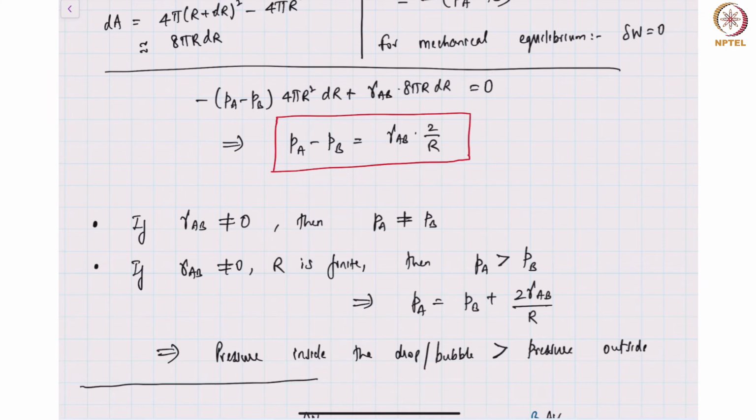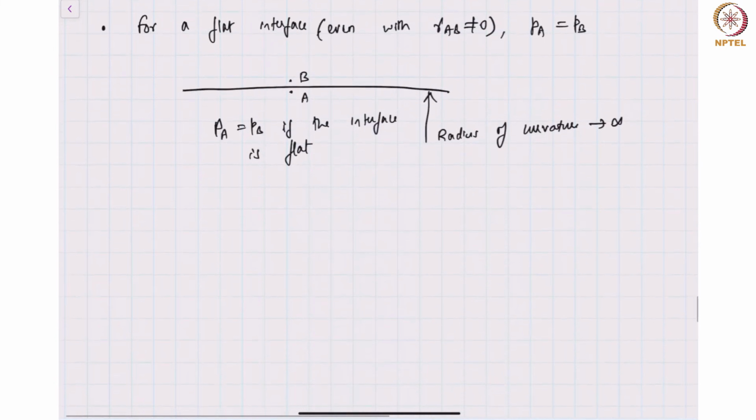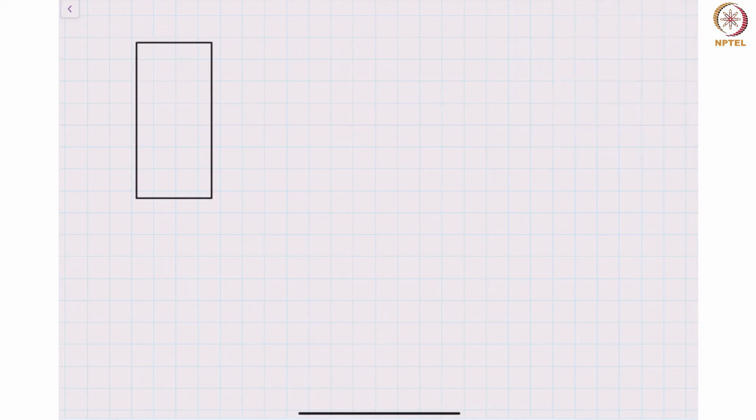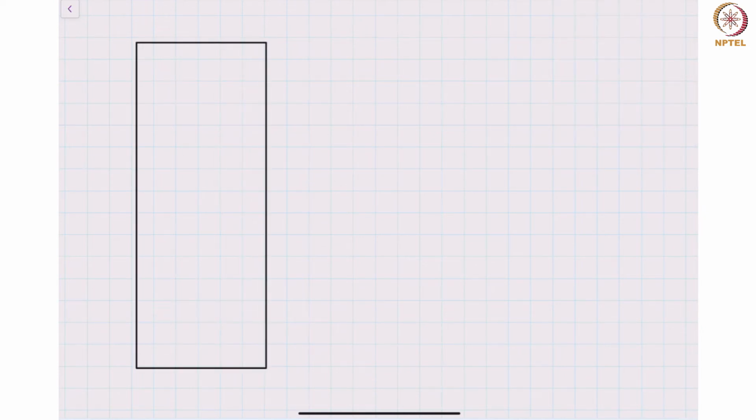Okay. Now let's look at the case where there is gravity, and how this contrasts with the case without gravity. Let's do a simple thought experiment. Let's say I have a large vertical tank.